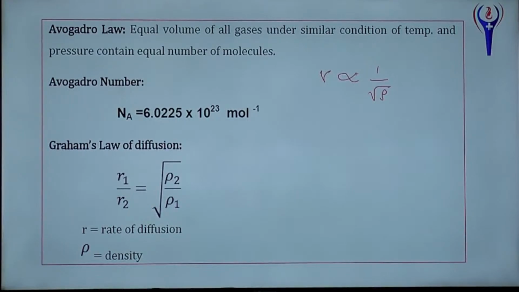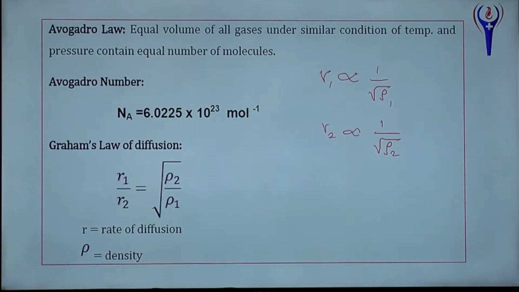Okay. Then it means, suppose if you have two different gases having two different densities, then there will be two different rates of diffusion. That is R1 proportional to 1 by square root of rho 1. Another one R2 is inversely proportional to 1 by square root of rho 2.